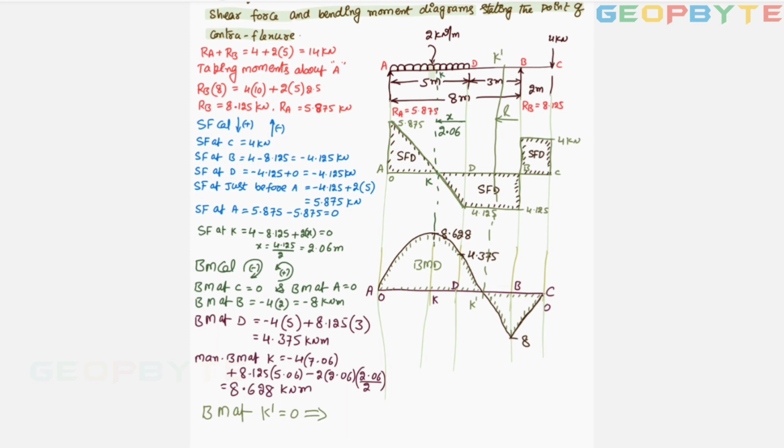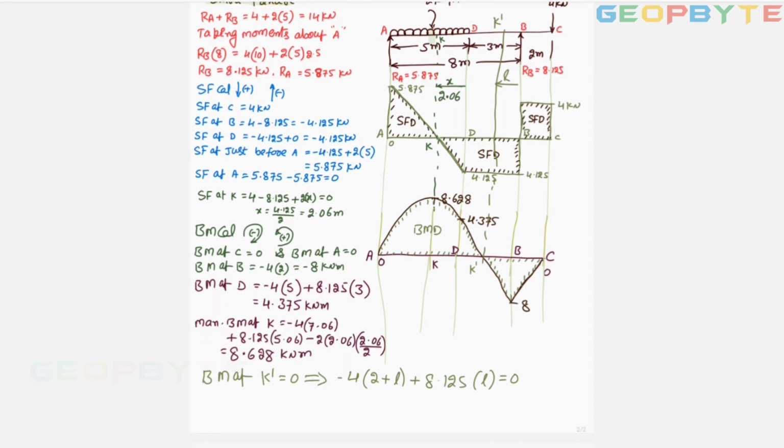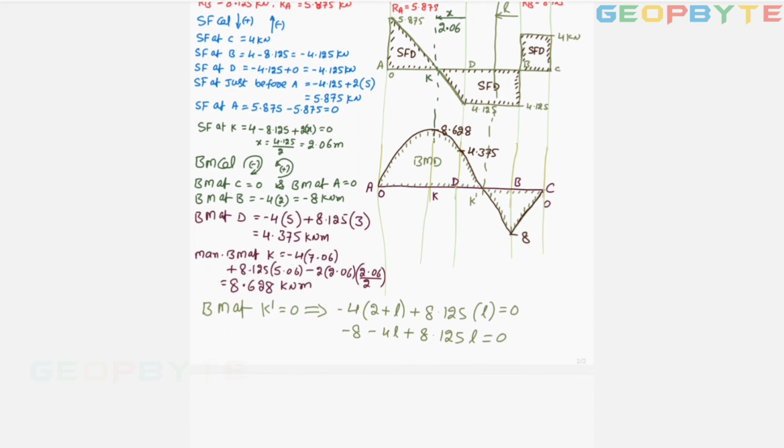Minus 4 into distance up to K dash, that is 2 plus L, plus 8.125 into L must be equal to 0. Simplify this: minus 8 minus 4L plus 8.125L must be equal to 0.